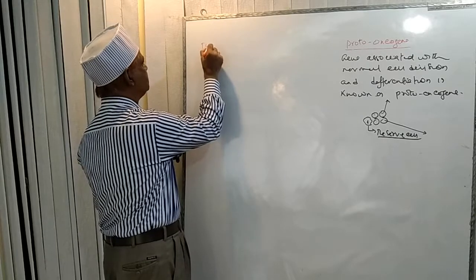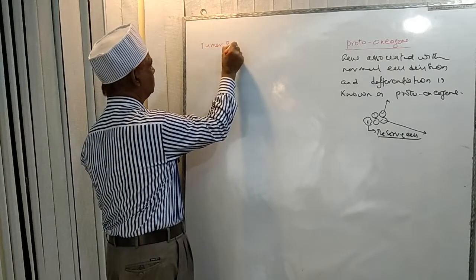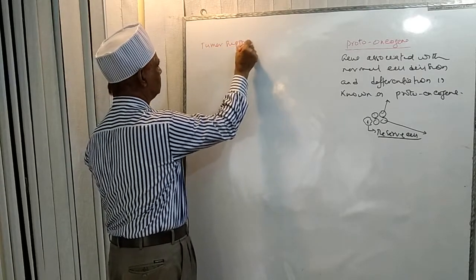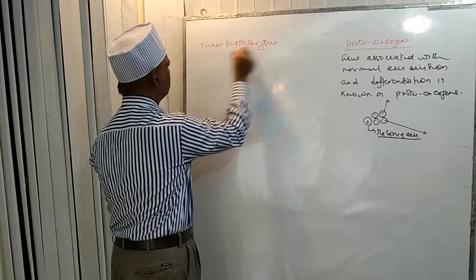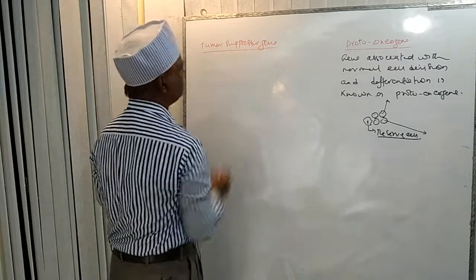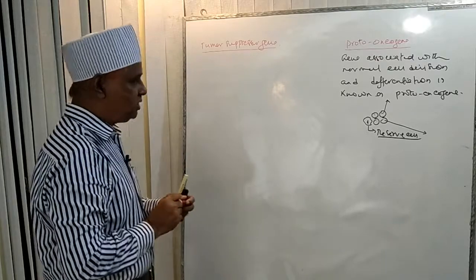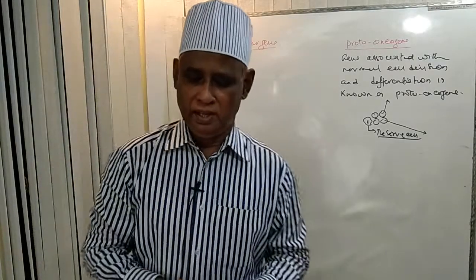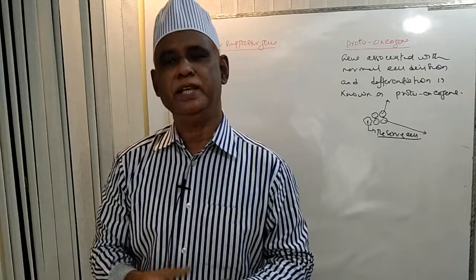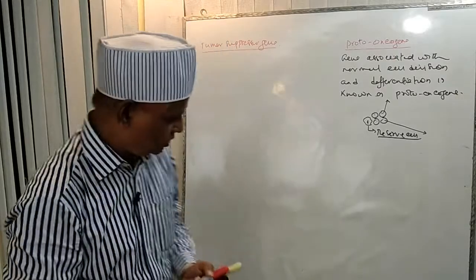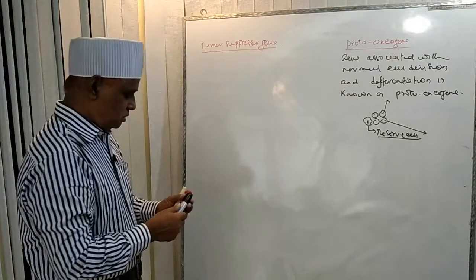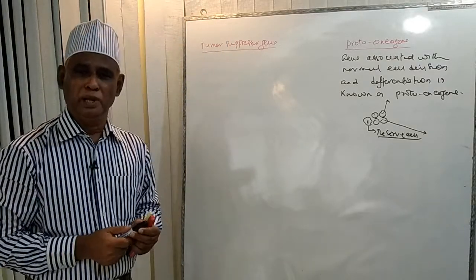Tumor suppressor gene. Tumor suppressor gene is present in our body. This gene is associated with regulation of normal cell division.